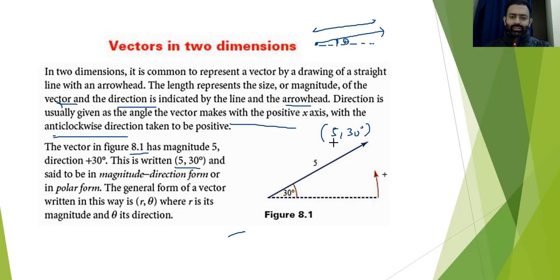In this ordered pair, the first value is the size or magnitude of the vector, and the second element is the direction. Generally these are written with r comma theta notation, where r is the magnitude of the vector and theta is the direction.